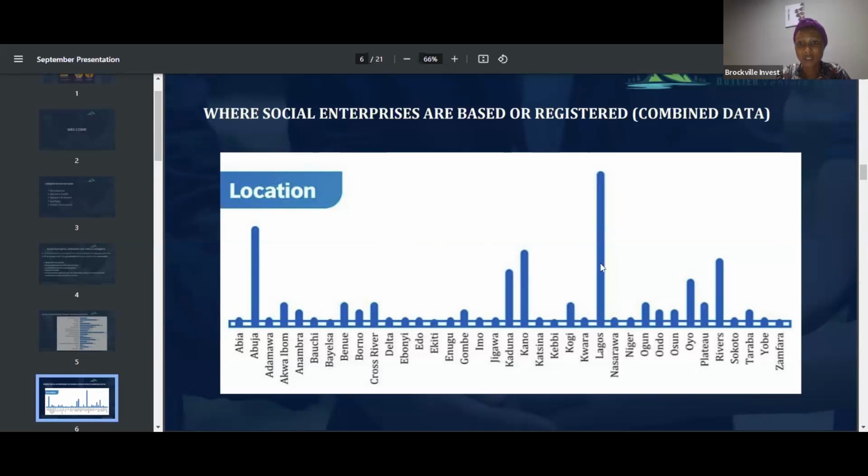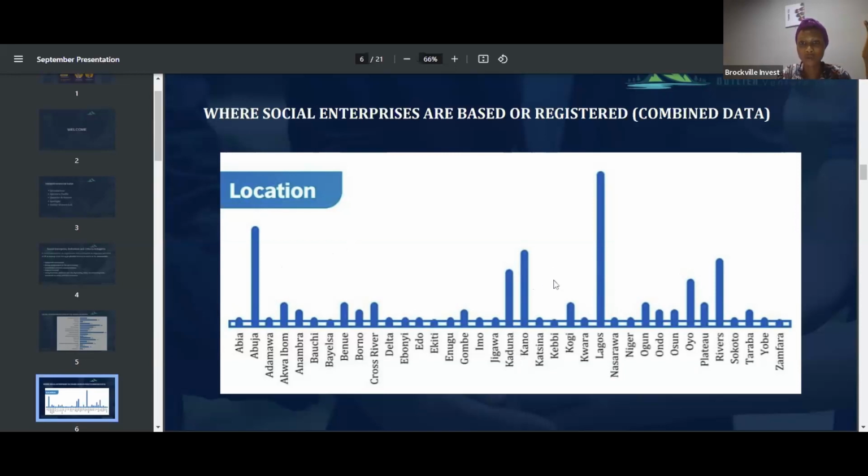As a result of this, the ranks are high, and it doesn't matter that the social entrepreneurial activities are not done in these well-developed areas, that is Lagos, Abuja, Rivers, Kano, Kaduna, which have higher ranks. They can have their office there, and the activities will be done in rural areas.